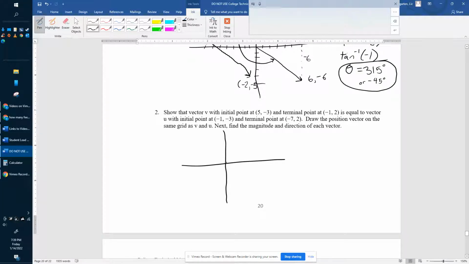So the initial point is at 5, -3. So 1, 2, 3, 4, 5, -3. 2, 3. That's where the initial point is. Terminal point is at -1, 2. -1, up 2.